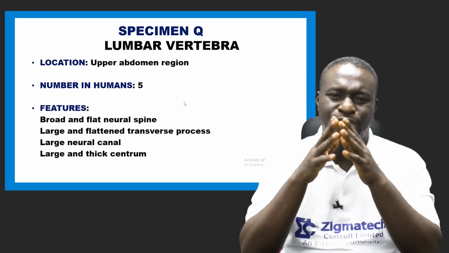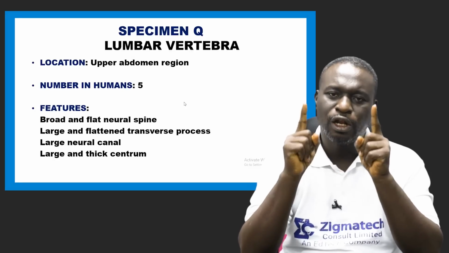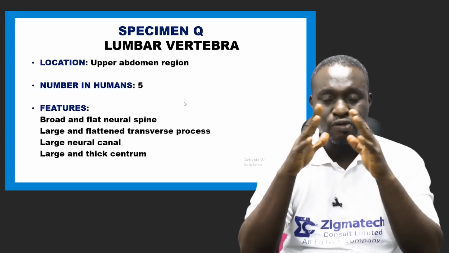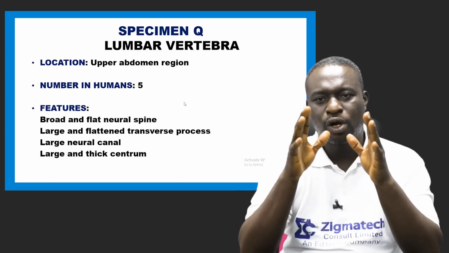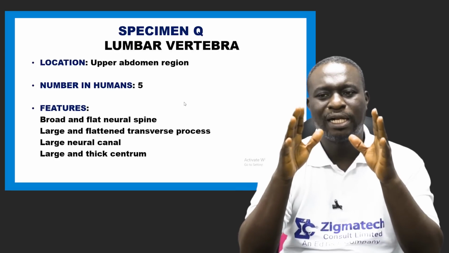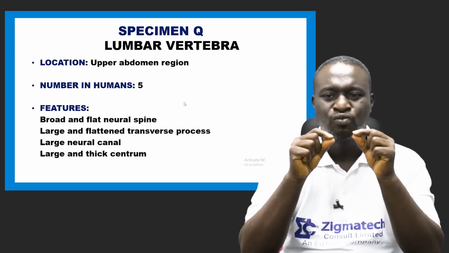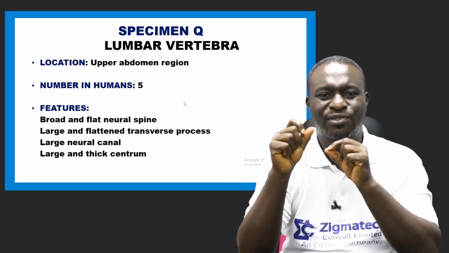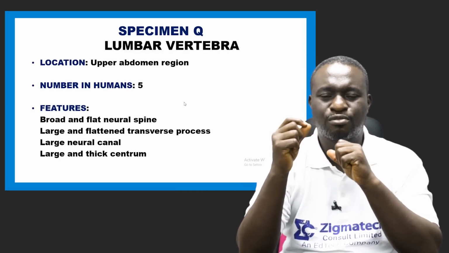Now, what are the features of the lumbar vertebra? Number one, the lumbar vertebra has a broad and flat neural spine. Number two, it has a large and flattened transverse process.